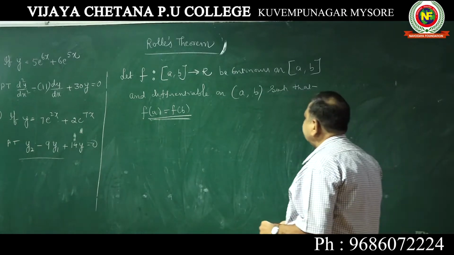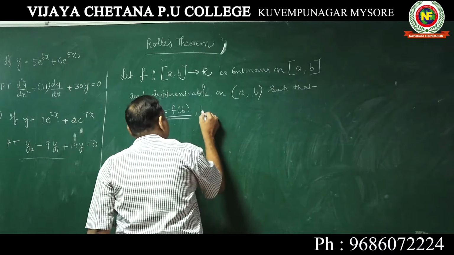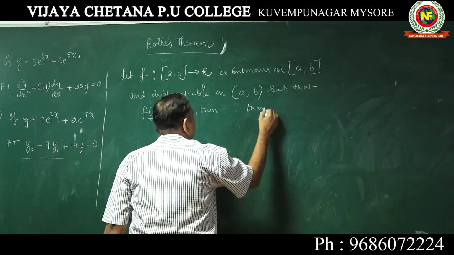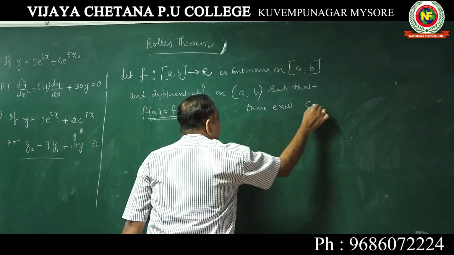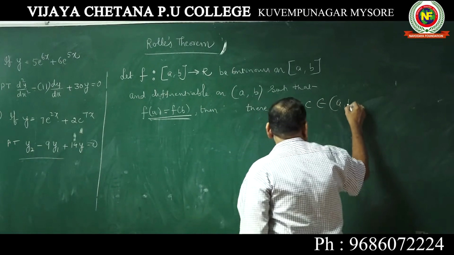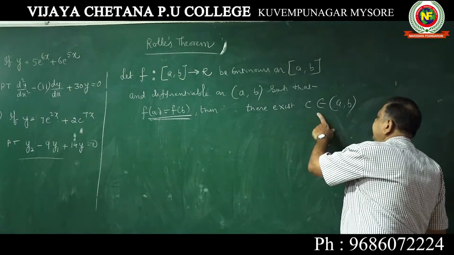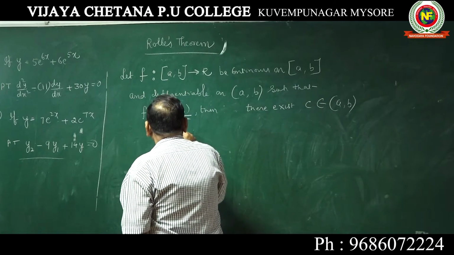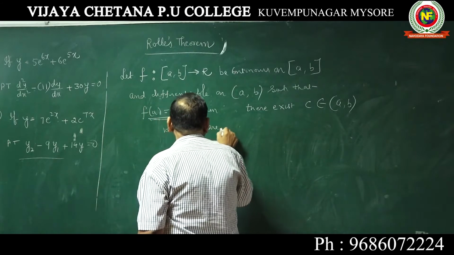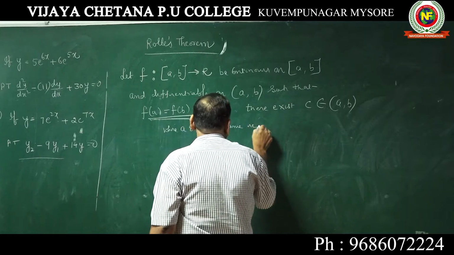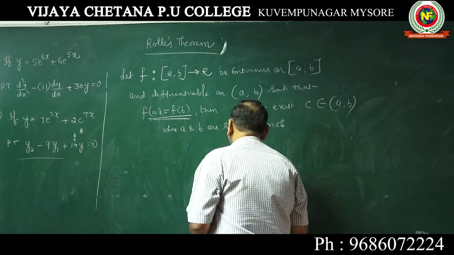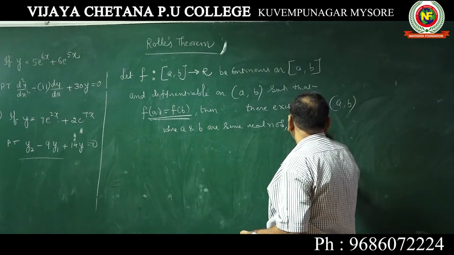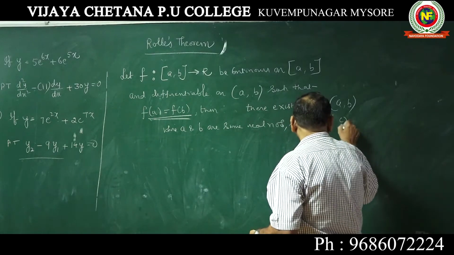Differentiable on (a, b) such that f of a is equal to f of b. Then there exists c belonging to (a, b), that is, belonging to that interval ab, where a and b are some real numbers, such that f dash c is equal to 0.